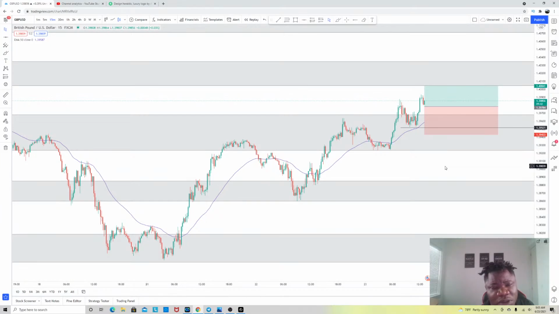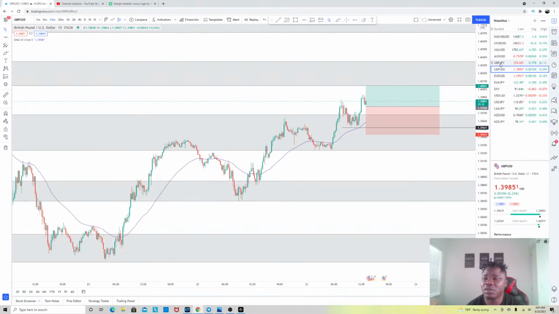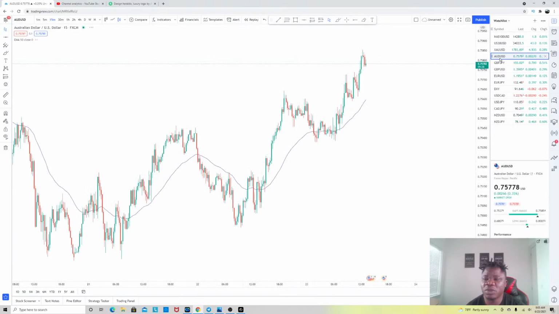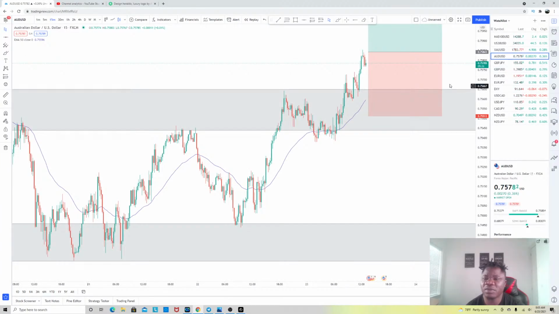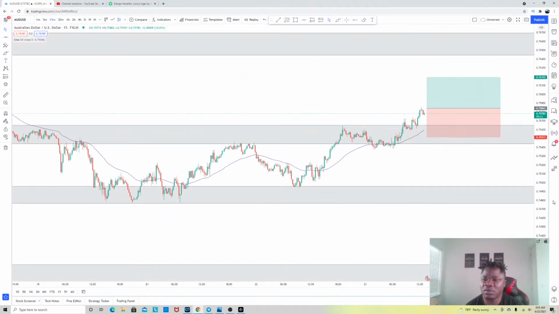So we got GBP JPY running, GBP USD running, and then we got AUD USD running. Currently, we're in a drawdown for AUD USD, but I'm pretty positive that we're going to be in profit soon enough.